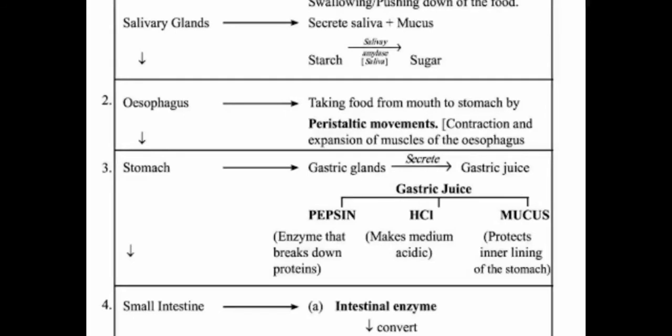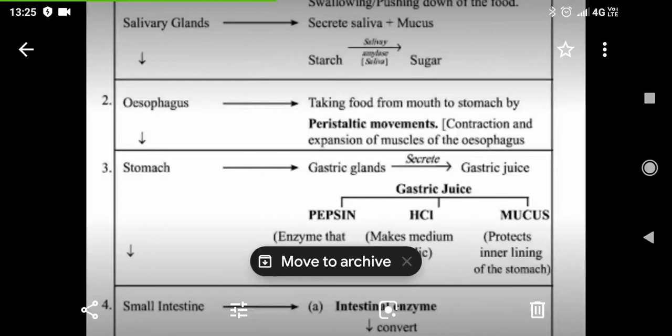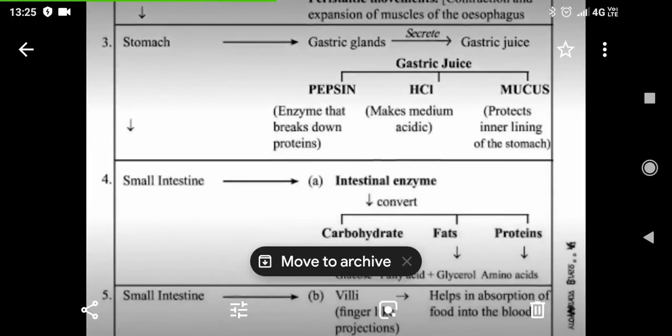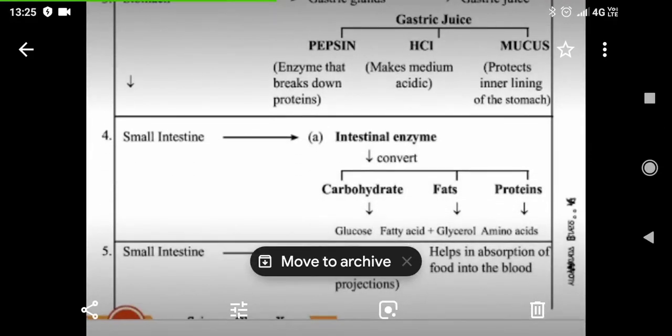So HCl, hydrochloric acid, is also generated in the gastric juice. This is how the acidic medium is used, in which the proteins are broken down into simpler substances. Next, the food after digestion is passed to the small intestine.